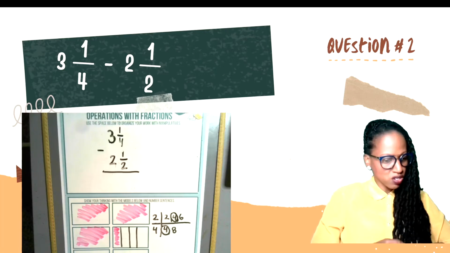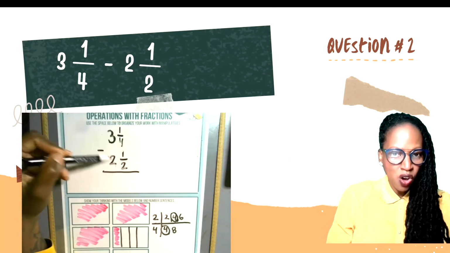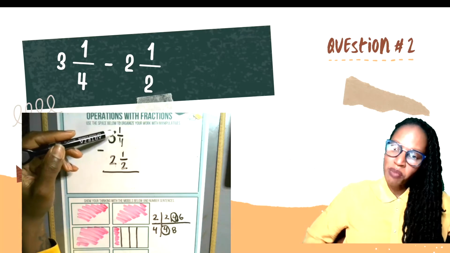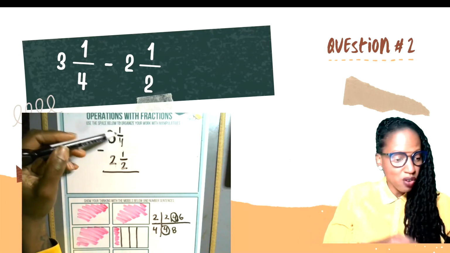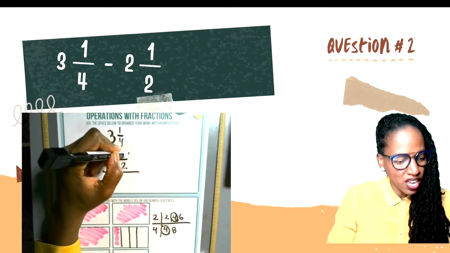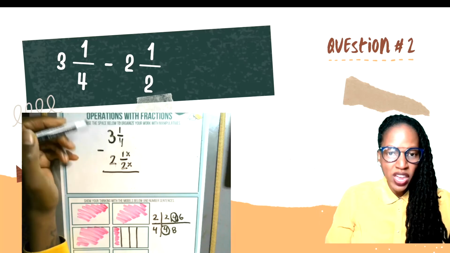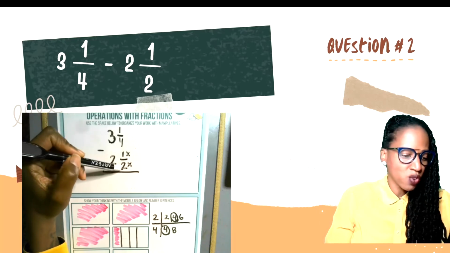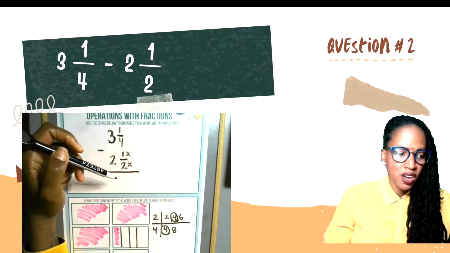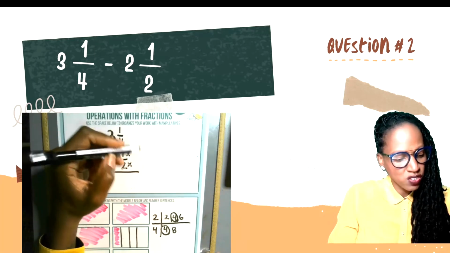So here's what I'm going to do. I already noticed that my 3 wholes and 1/4, the first part of my subtraction sentence, is already in fourths, but I noticed that what I'm subtracting is not. So let me go ahead and rename this into fourths. And the way I would do that is I would think to myself, well, what could I multiply by 2 to give me 4? Well, 2 times 2 gives me 4.